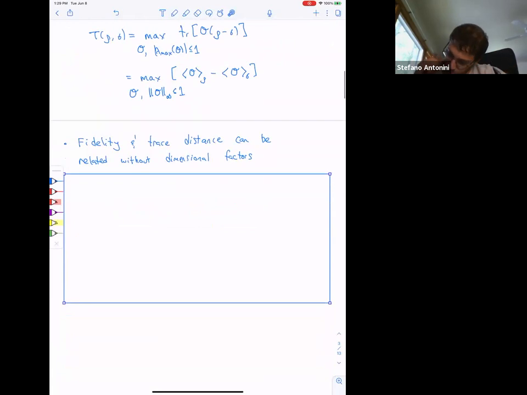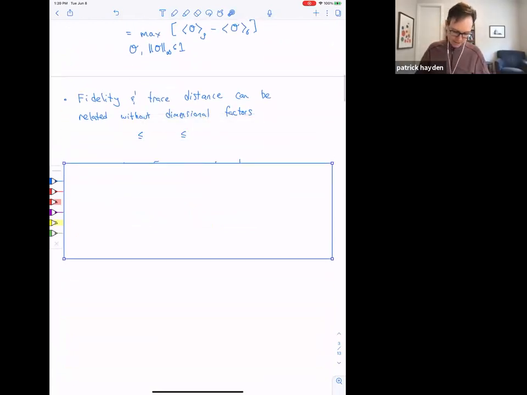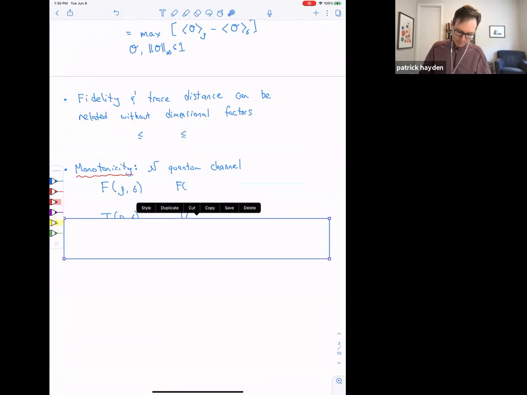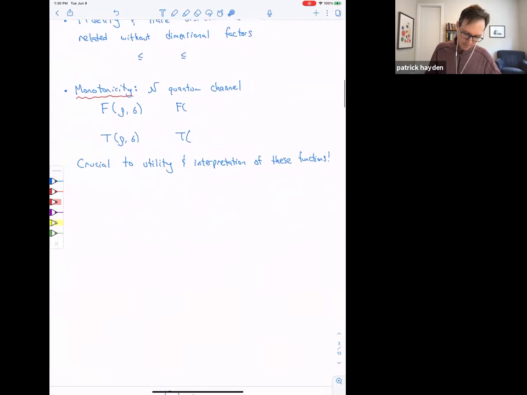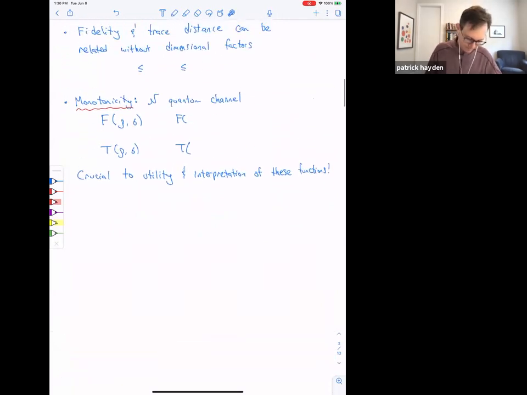Yeah. Okay, so I'm going a little bit slowly, so I'm going to skip over a few things. I won't write this down explicitly. Morally, trace distance and fidelity, they're not exactly the same, but if one is small, the other is small. Well, I'll write it in.